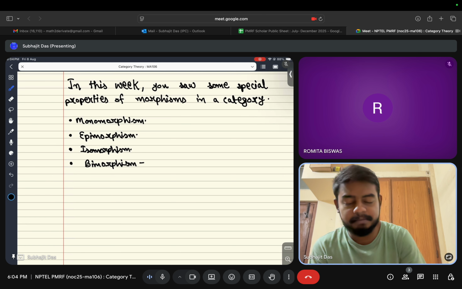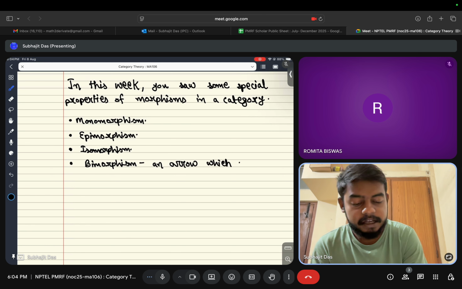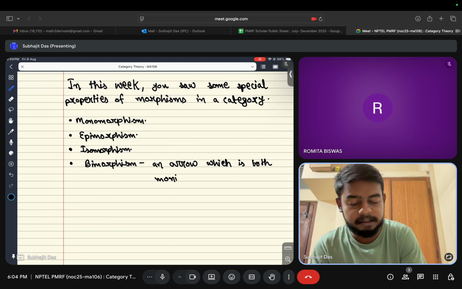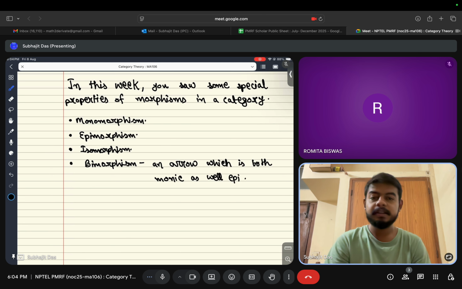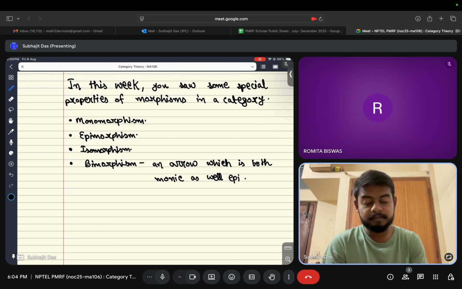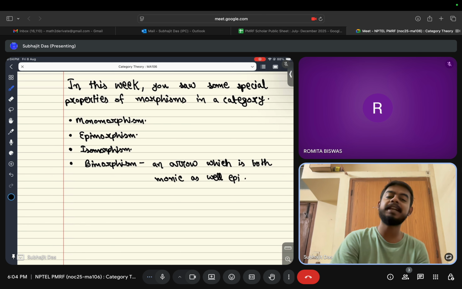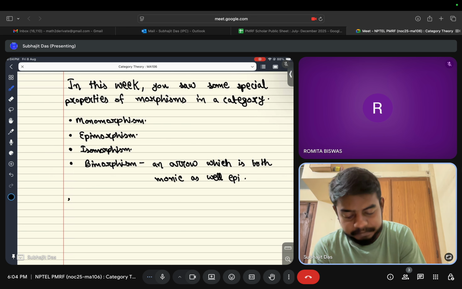A bimorphism, just to reiterate, is exactly an arrow in a category which is both monic as well as epic, right? An arrow which is both left cancelable as well as right cancelable is called a bimorphism in a category.